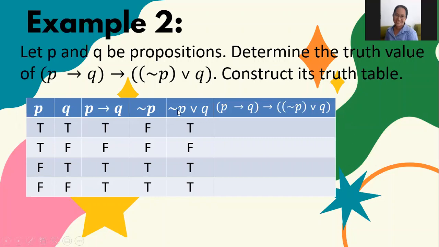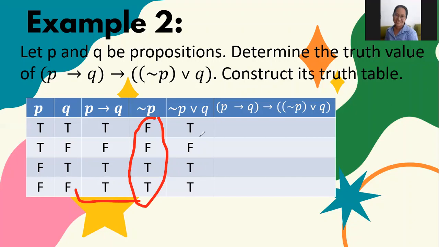Since the operation here is the negation of P before Q, you need to look at this column. Yan, dito muna kayo sa column na to. Then you try to disjunct the values of the negation of P with this column. So F and T is true. So dito lang siya magpo-false. Kapag dalawang false, all the rest is true na.